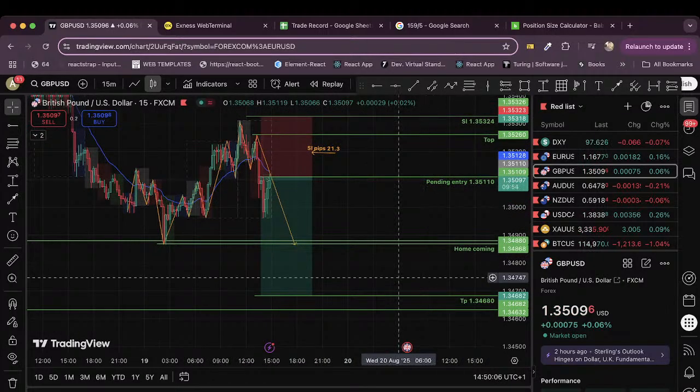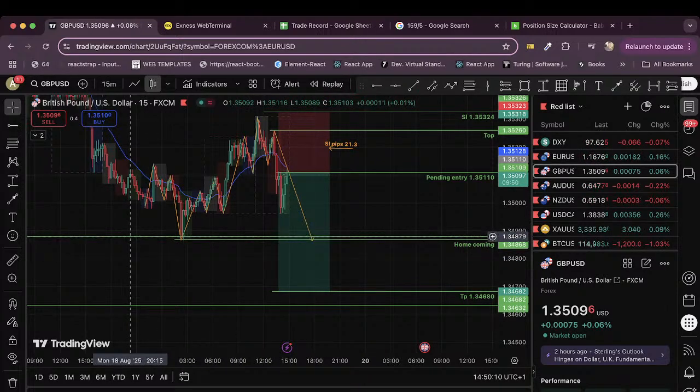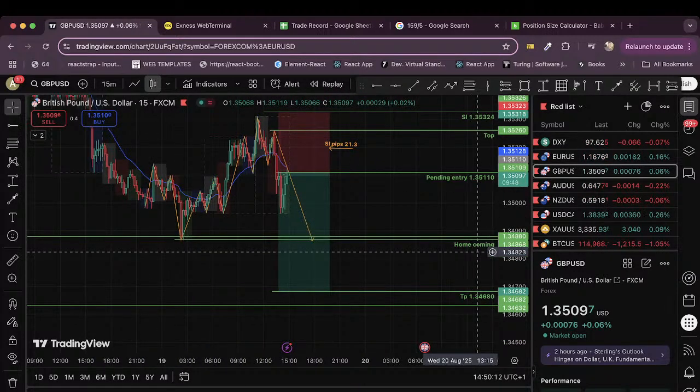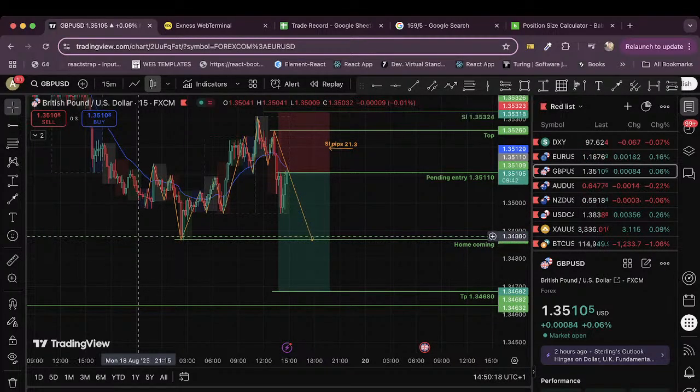So you see that level I drew out, the first level I drew out is here, which is exactly that homecoming. You see how that aligns to the homecoming part. So the first level there is the homecoming. If we can get a homecoming, that's fair.